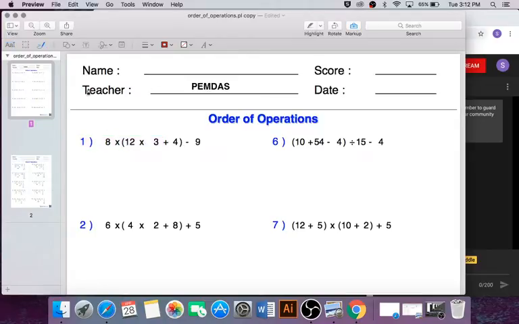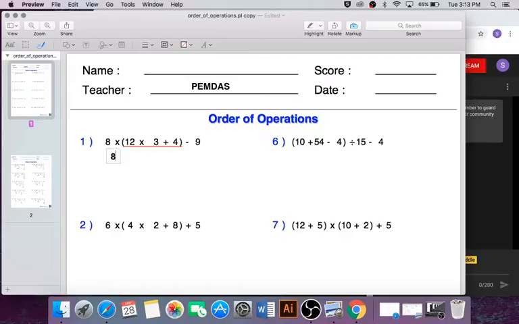So in example 1, we have multiplication, subtraction, and parentheses. The first thing we're going to do is our parentheses. And inside of our parentheses, the first thing we're going to do is our multiplication.